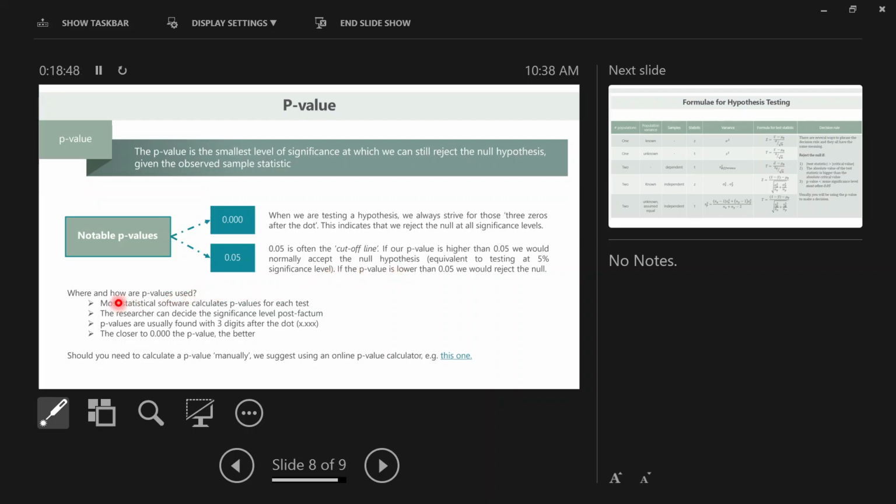So where and how are p-values used? Most statistical softwares calculate p-values for each test. Another point is that the researcher can decide the significance level that you want to use.